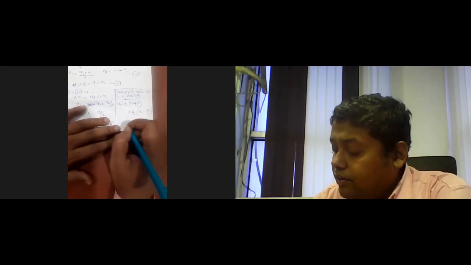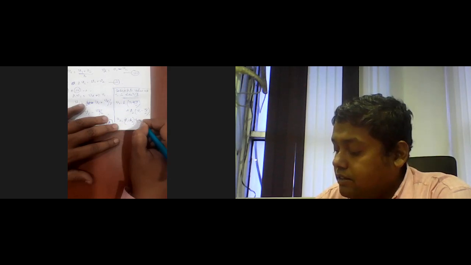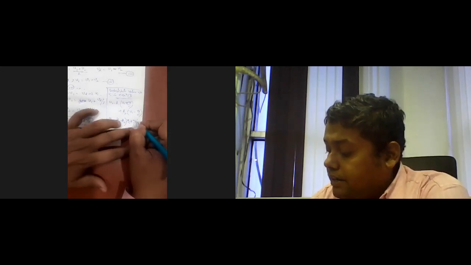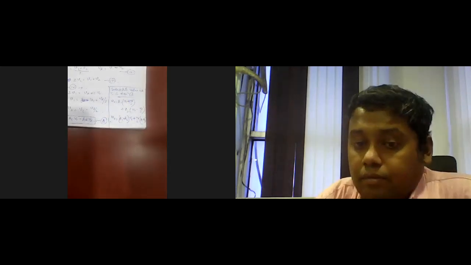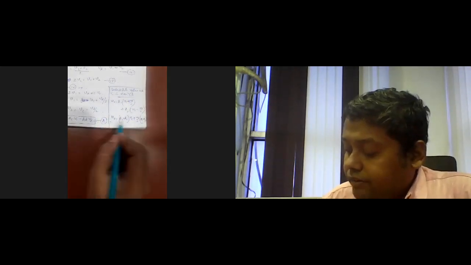So from here we can write V0 equal to (A1 plus A2) VC plus VD by 2 times (A1 minus A2). So this is the expression of V0, now we compare with equation A.